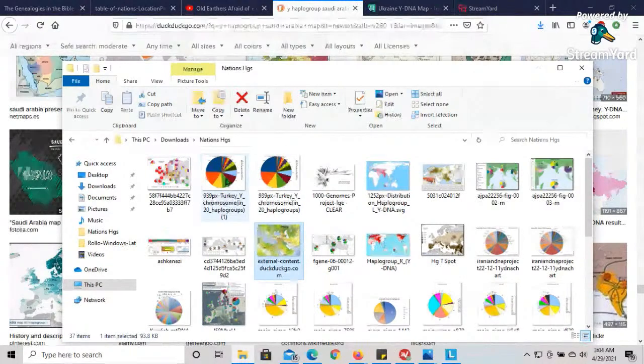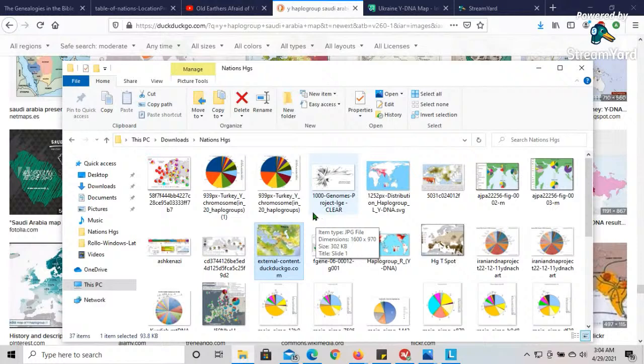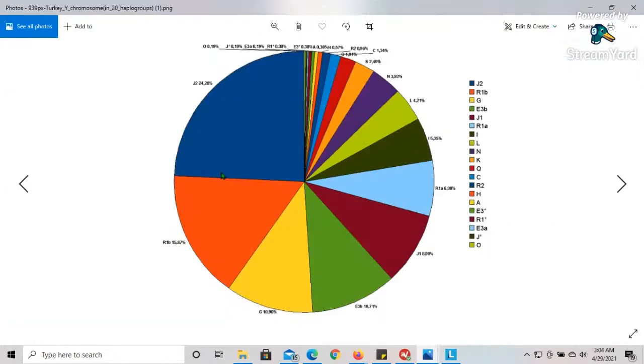So Turkey, let's see what kind of population we have in Turkey. This is Turkey, right? Yeah, it's Turkey. But right away we see a problem here. This is 25% Judaic population.